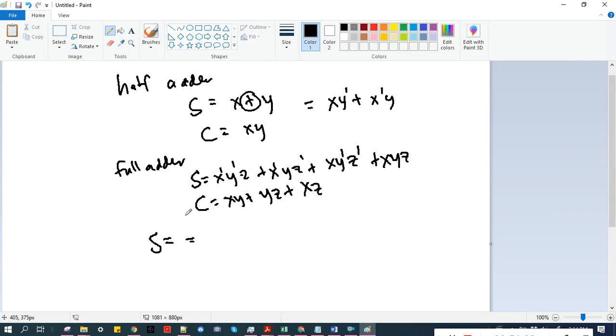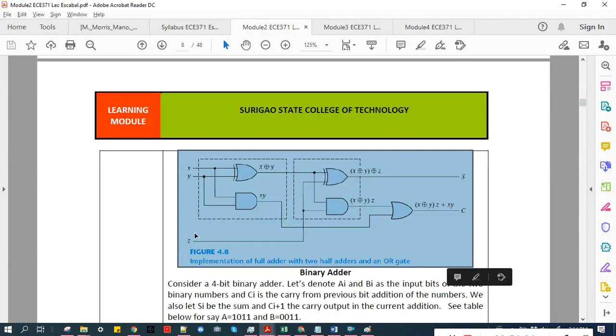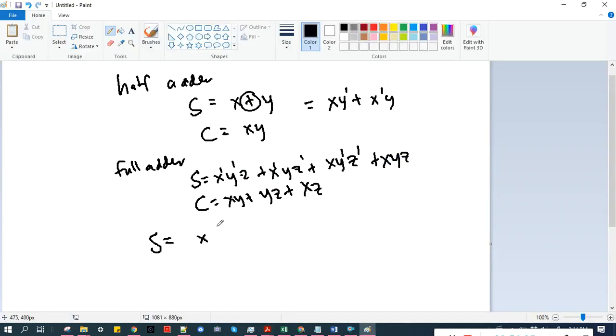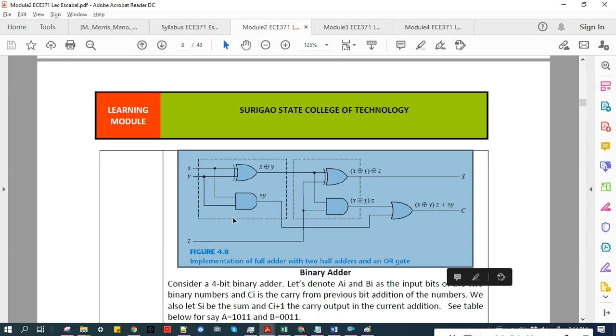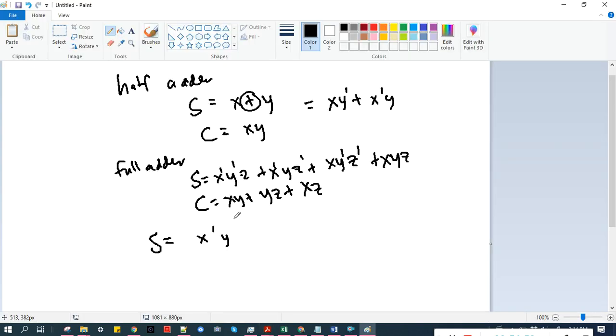Since, as for the full adder, we can write it down as X'Y plus XY', then we exclusive OR that with Z. We know that this is X'Y plus XY' times Z' plus Z times the complement of X'Y plus XY'.